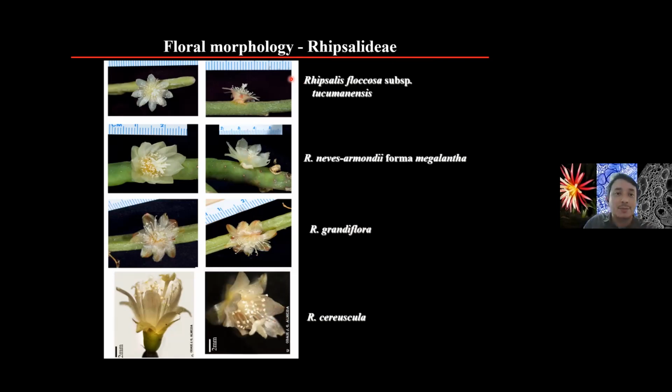Pardon, I'm sorry. The flowers in Hypsalid are more rotate, bell-shaped or bowl-shaped, but there is only one genus where we will find some tubular structure.